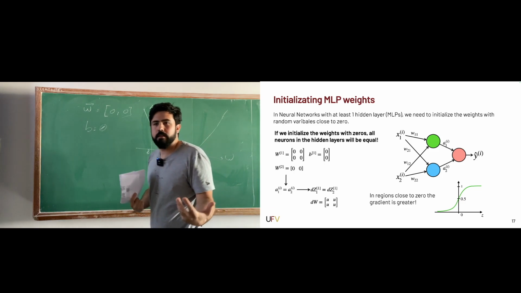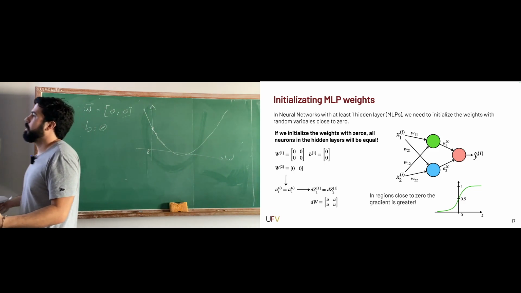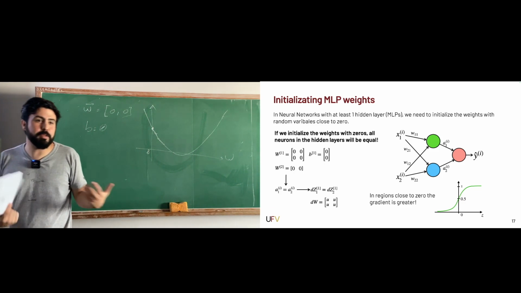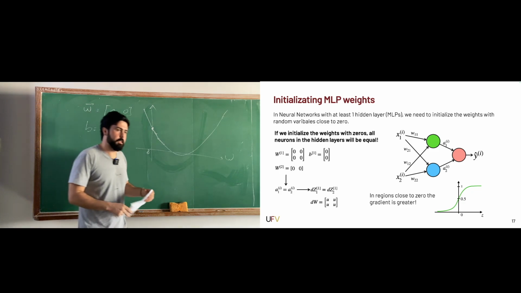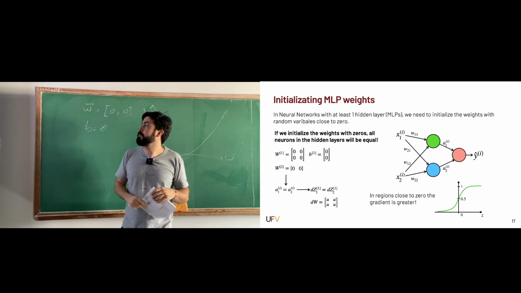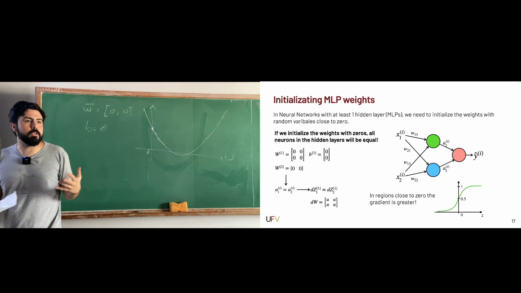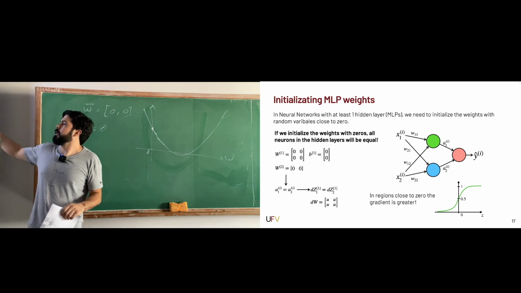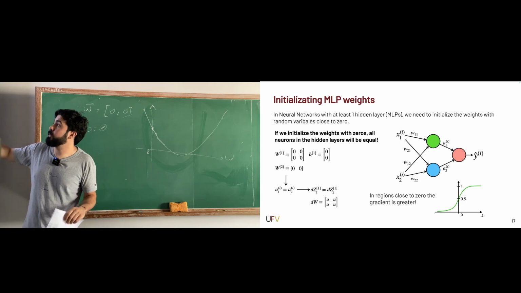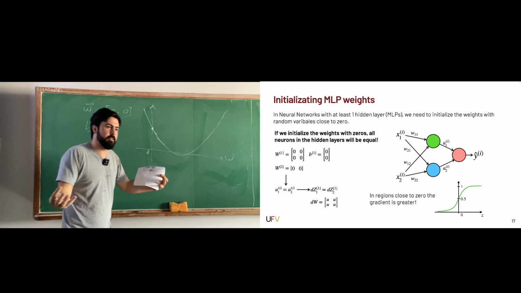Okay, so we don't want to do that. That would be a waste of compute, right? And also would limit our model. So in other words, we just start with random weights.